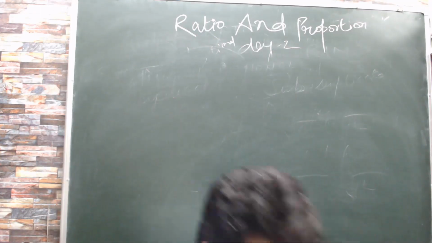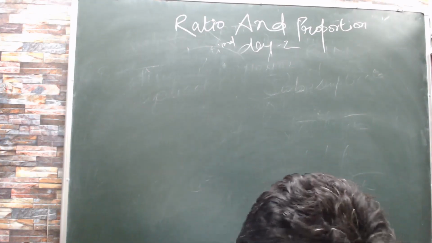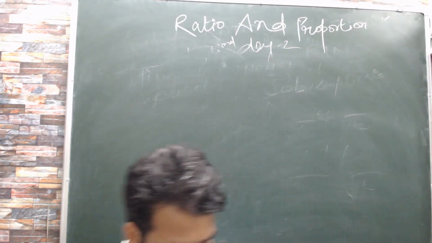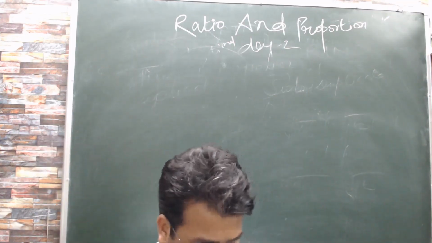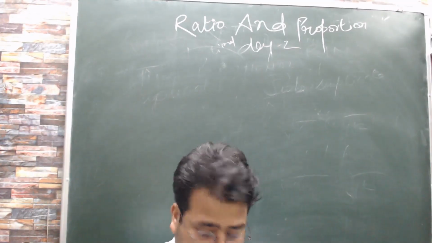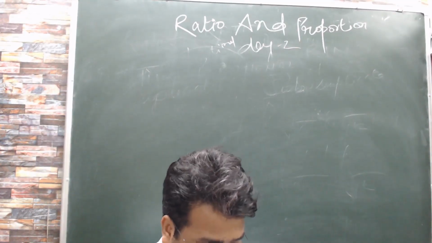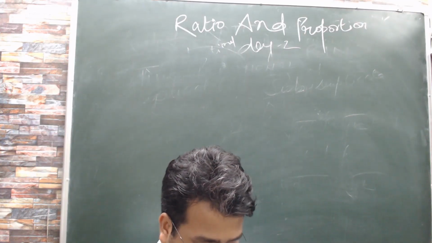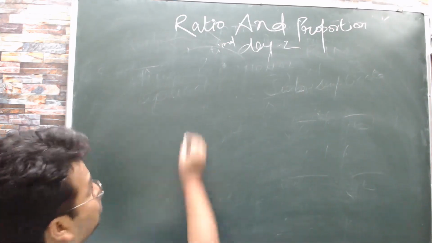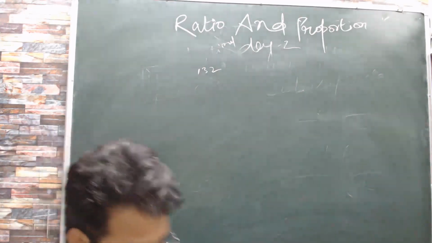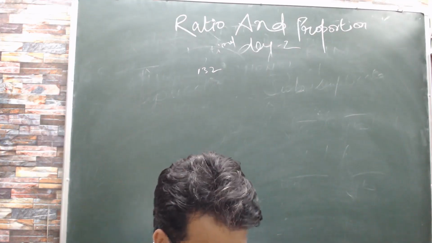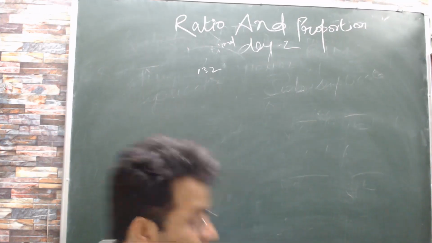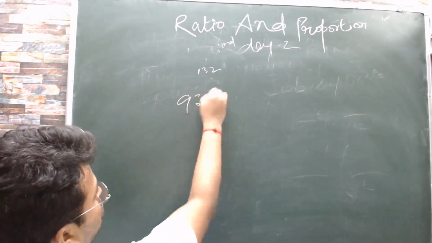The first question is: among 132 examinees of a certain school, the ratio of successful to unsuccessful students is 9:2.